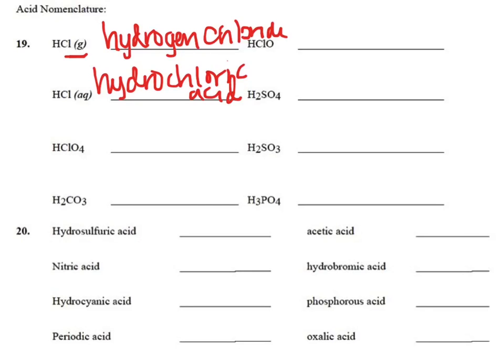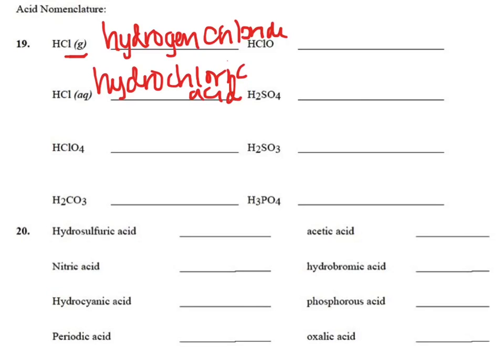All right, so remember back, and I don't know who all your teachers were, but remember when we were talking about acids, if it is just an H with another element, it's binary, and it's just going to be hydro, then the root, ic acid.